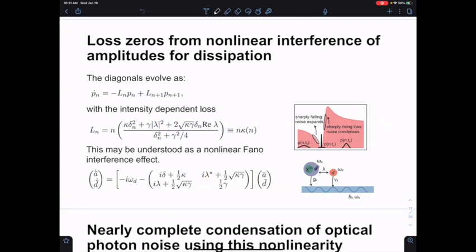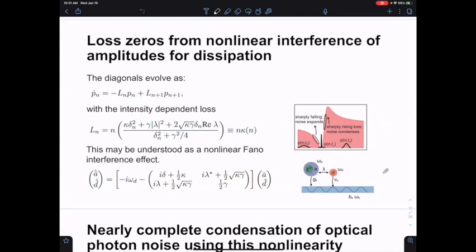You might imagine that because A here can leak into the continuum either directly or through D, there are two amplitudes that tell you the overall rate at which A is going into the far field, or into the continuum.